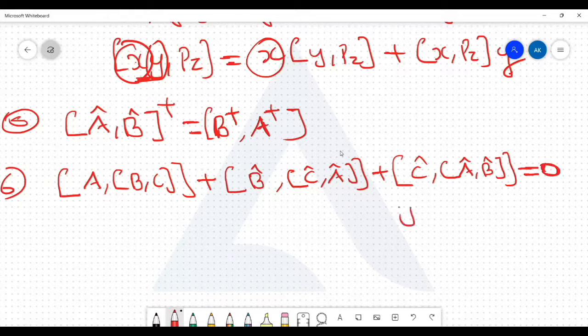This is called the Jacobi identity. You can check it out.